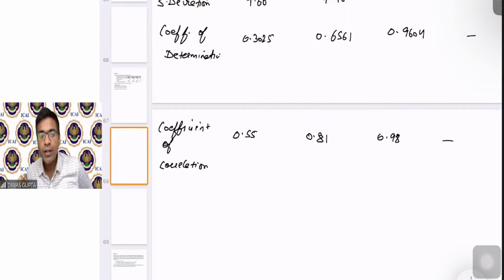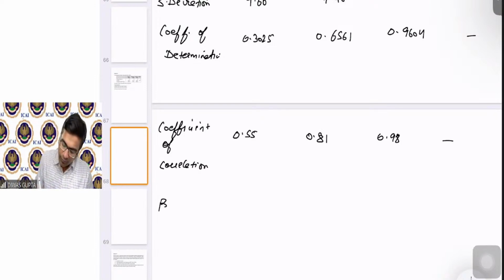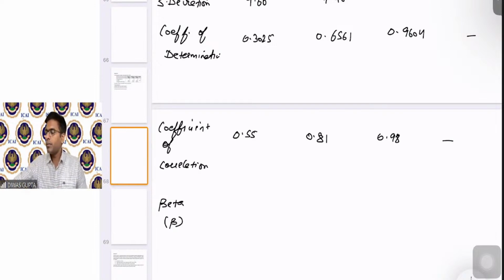Now, if coefficient of correlation is here, can we calculate beta? What is beta? Beta is R, which is coefficient of correlation, multiplied by standard deviation of that particular security or portfolio divided by standard deviation of market. Correct, students?